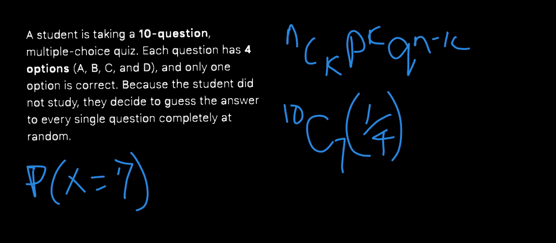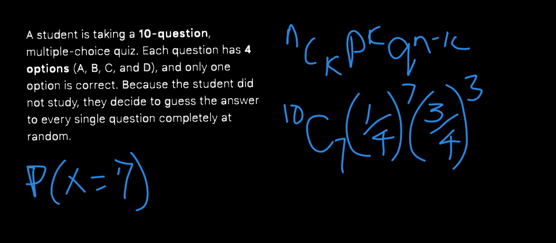So we raise it to the power of k, which is 7. Then q is the probability of failure, which is a 3 out of 4 chance of failing if he chooses an answer at random. Then we have 10 minus 7, so let's note this as 3.